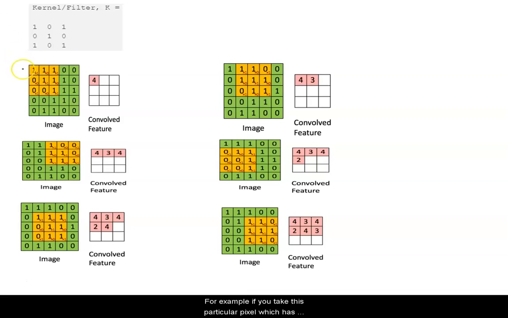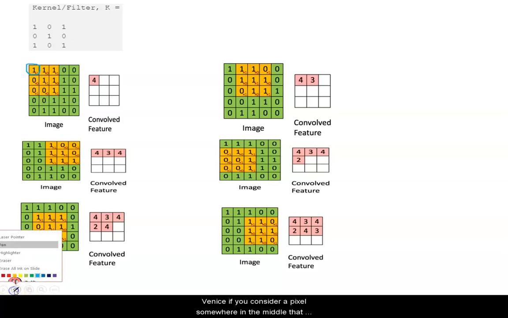For example, if you take this particular pixel which is at the corner, you could see that this pixel value is being used in just one operation.